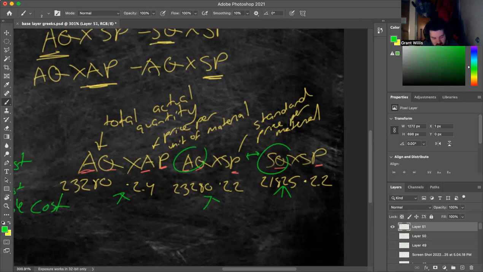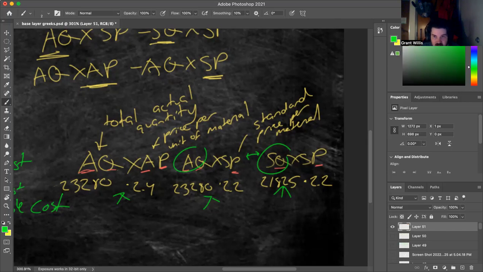Oh yeah, it says in terms of total ounces. I was looking at units, so it would be 23,280 times 2.4. Would you put that in parentheses, like AQ times AP in parentheses and AQ times SP in parentheses?